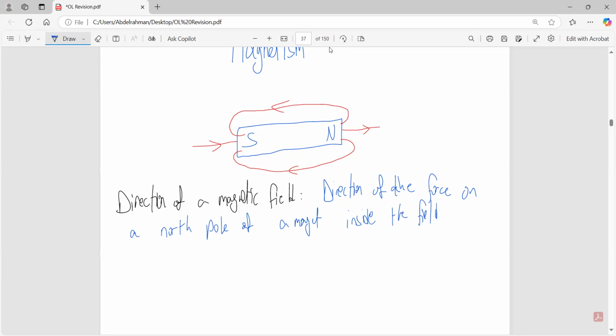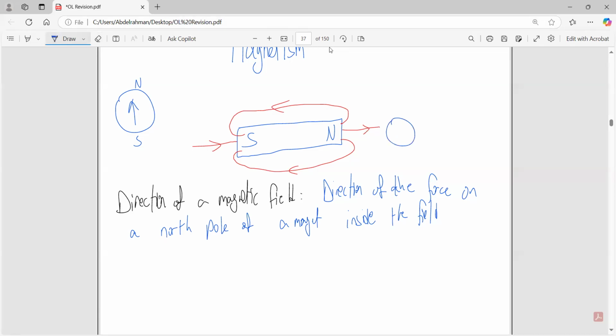Basically, if you have a compass, what's a compass? A compass has a north pole and a south pole. It's a very small magnet which can rotate and can be easily affected by other magnetic fields around it. If you put the compass inside this magnetic field, near the north pole, it would be affected by the north pole.